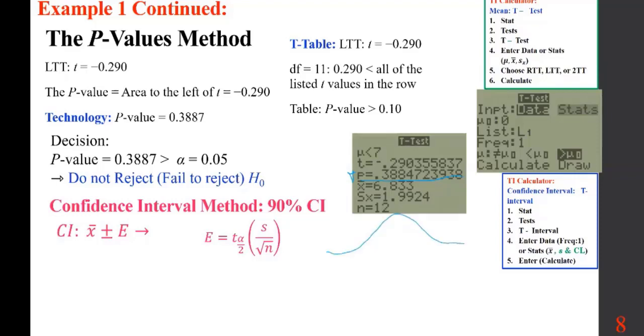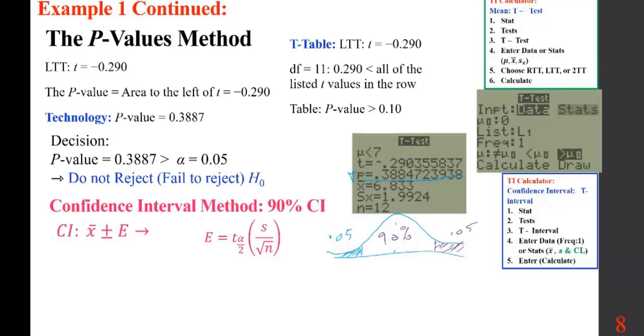From the previous page, this area was 0.05 and it was a left-tail test. Now, if I want an equivalent confidence interval, I need to put 0.05 on the right, which results in a 90% confidence level. Therefore, I get exactly the same t that I got over there for the critical value.